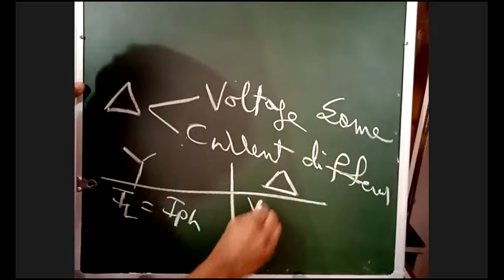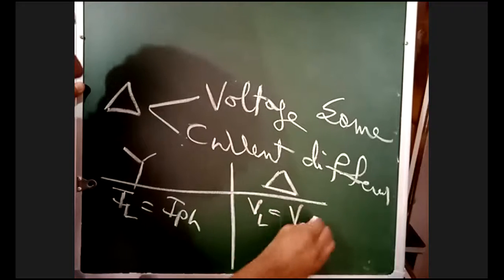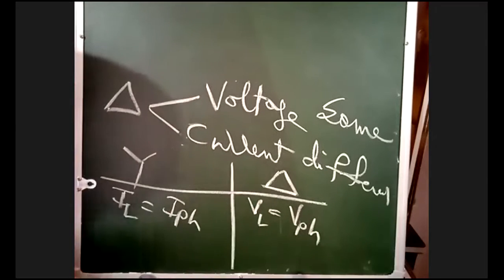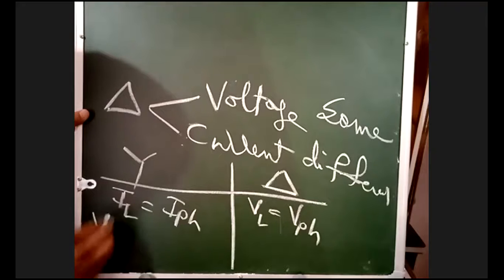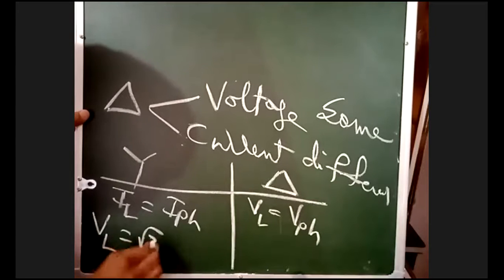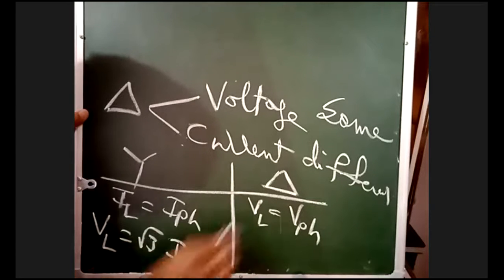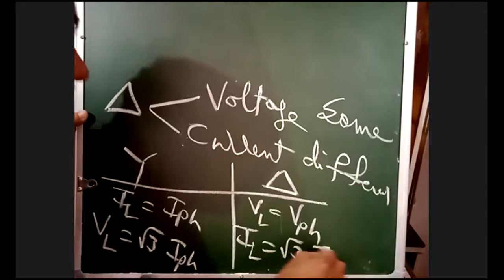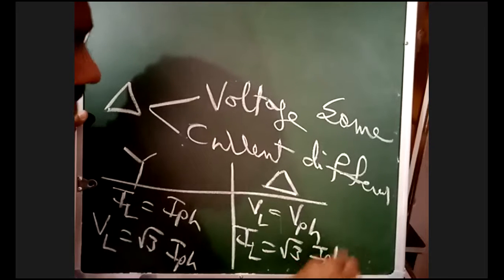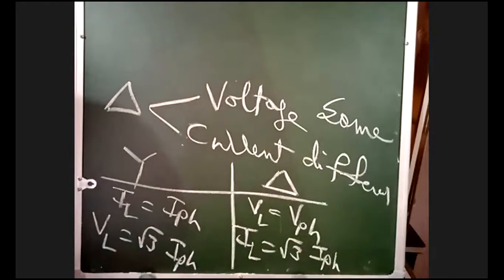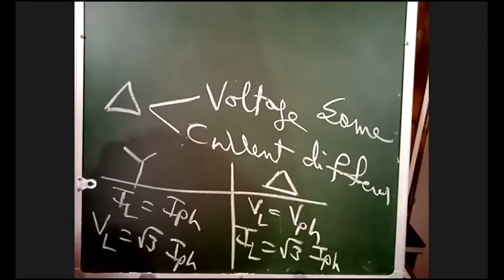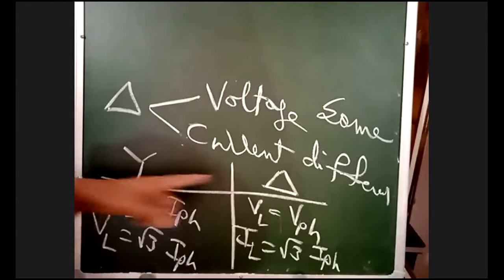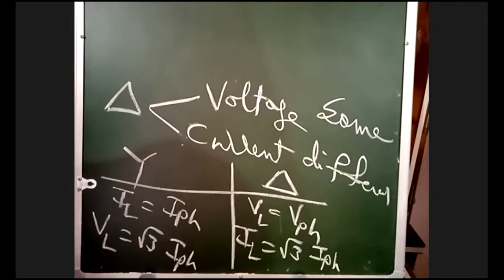In delta, voltage is the same. In star connection, VL is equal to √3 into V phase. But in delta, IL is equal to √3 into I phase. See the difference?